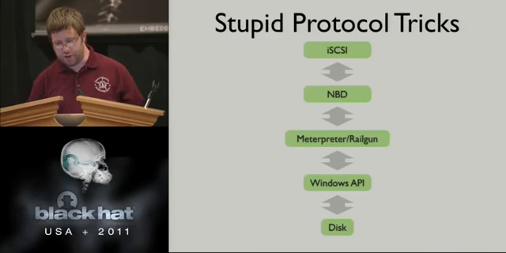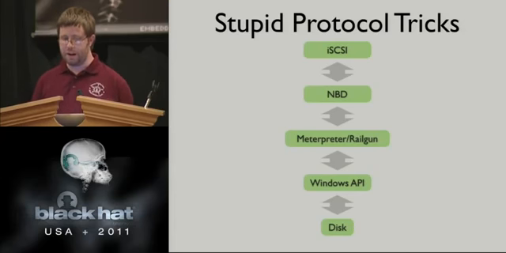So, for limitations: one of the limitations of this right now is that it's very Windows-centric for the victim, because we're using the Railgun Windows API. You could do the same thing for Linux or any other operating system, but you'd have to write another module for it, because it's not going to work the same way.